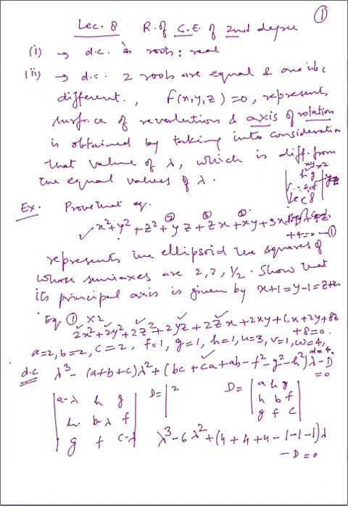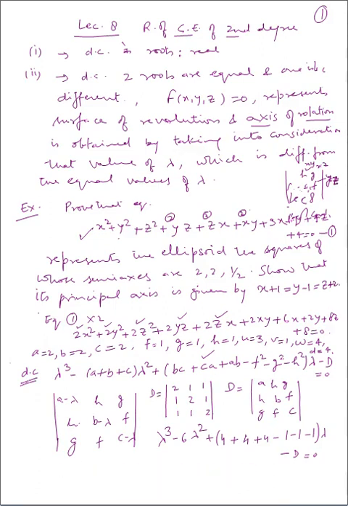2 2 2, 1 1 1, and this becomes 1 1 1. So we can expand it, and after expansion it comes.